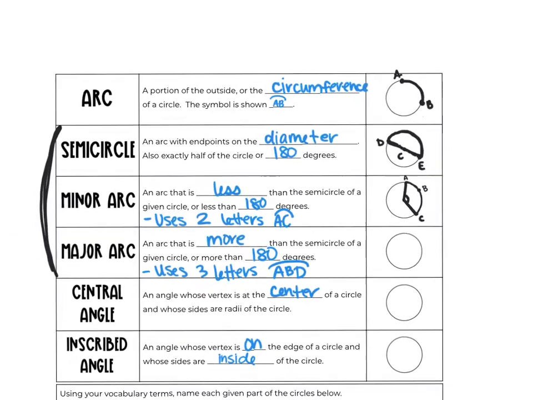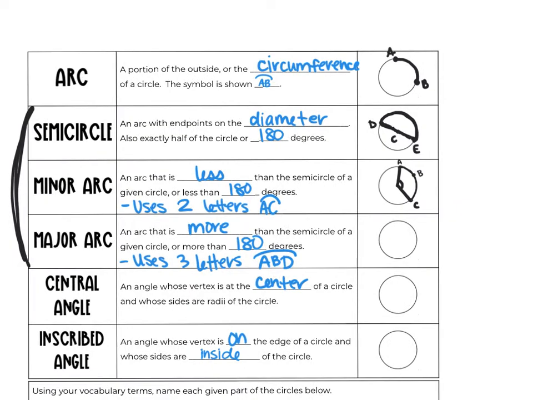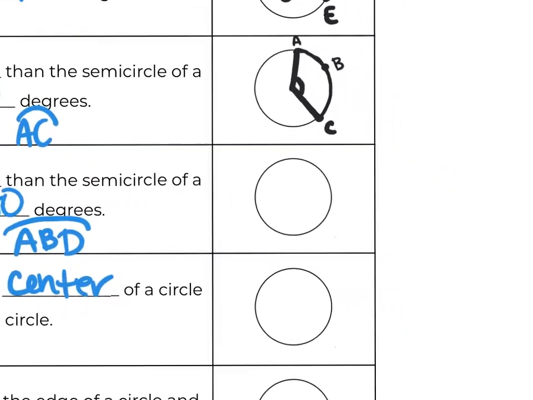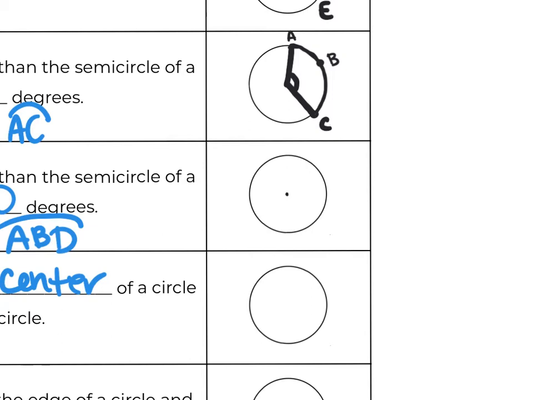All right, a major arc is going to be more than 180 degrees. Remember there may be multiple points in between here. For this one, this arc is all the way around here.